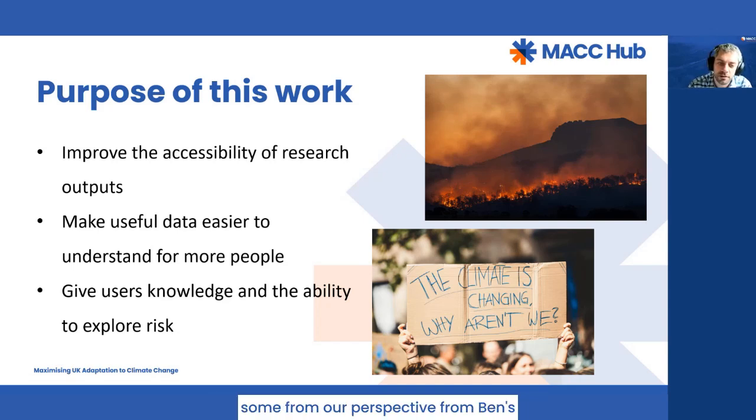And from our perspective, from Ben's work and some of the work I'm doing in Newcastle, it's been looking at how we can make some of that data more accessible, so that it gives people that agency, that knowledge, that information to be able to make decisions and push for greater change and a greater role of adaptation as a way of improving resilience to climate. So we've been working with a whole host of data sets and focusing on how we can better make these available.